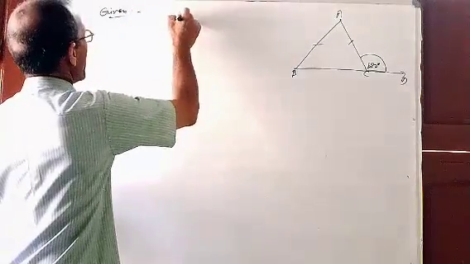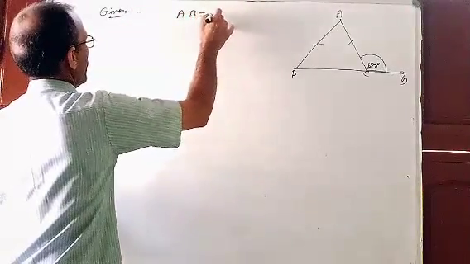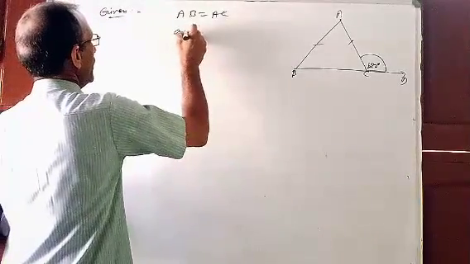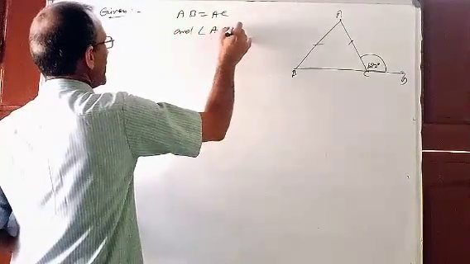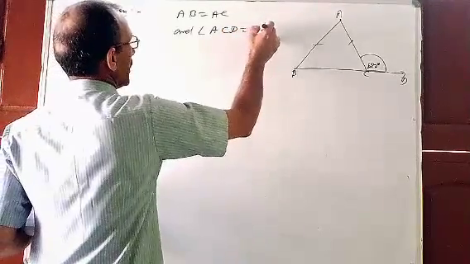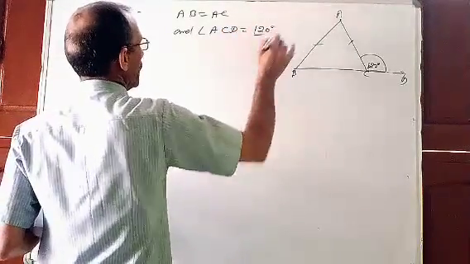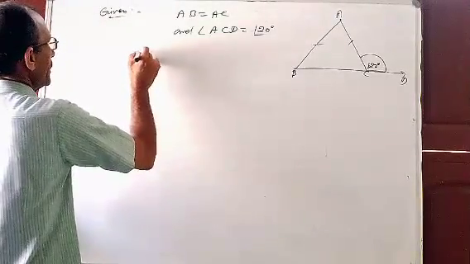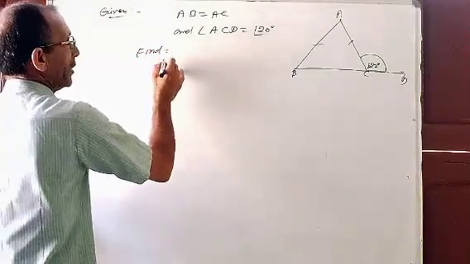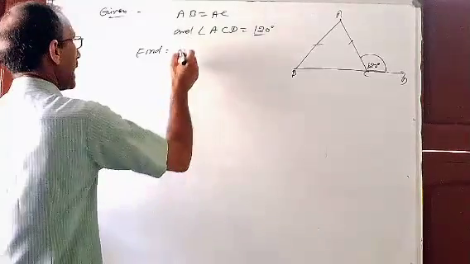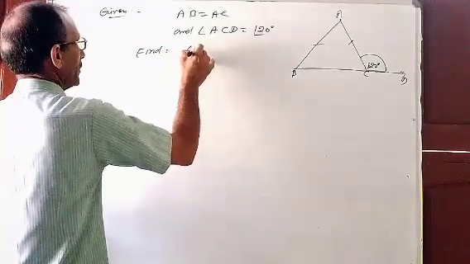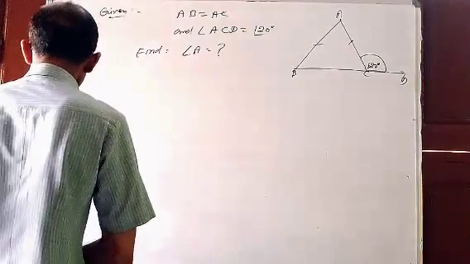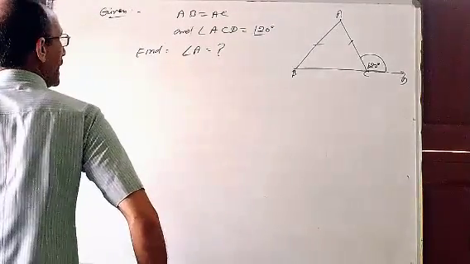AB is equal to AC, and angle ACD is equal to 120 degrees. So we have to find angle A. What is the measure of angle A? We have to find this one.